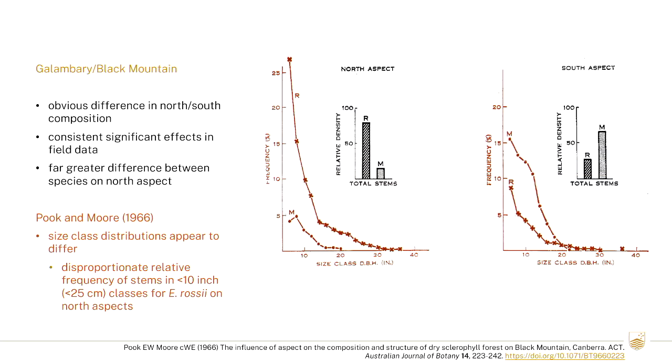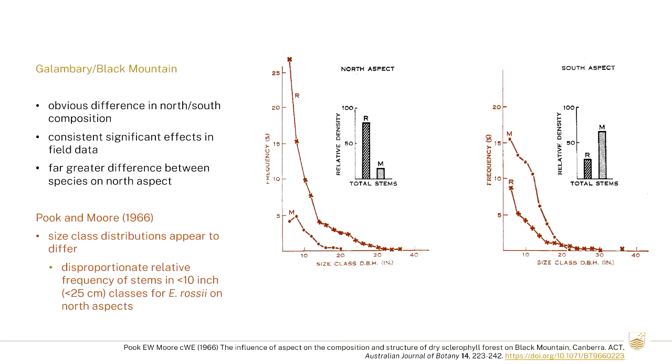You can just see that abundance, or that frequency just climbs. So there are many, many small stems on north aspects that are Eucalyptus rossii, and yet for Eucalyptus macrorhyncha that's not the case. Whereas on the south aspects, there's a little more similarity in their distributions.